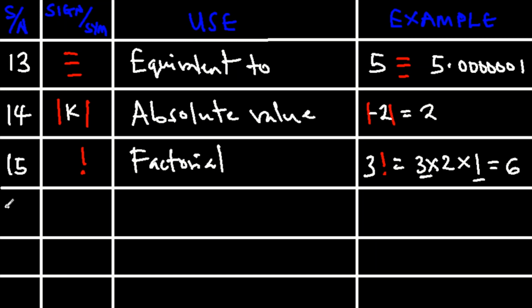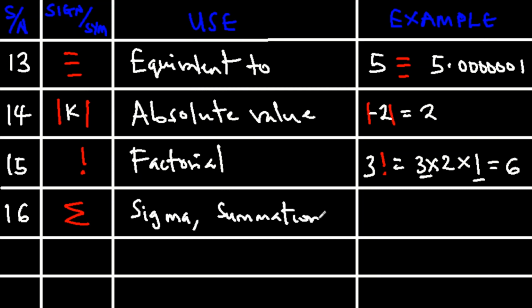Now, the next symbol we are going to be learning today is this symbol. This symbol is called sigma, or some call it summation. As the name suggests, this symbol is used for summing a series. Let's say we want to get the sum of 1, 2, and 3. We can simply write it this way.